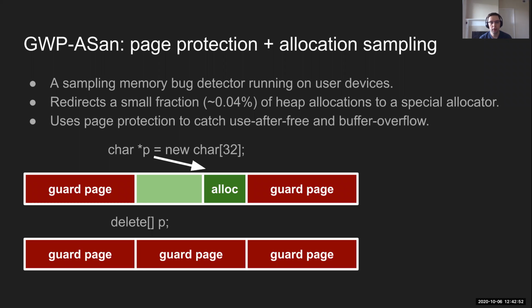A small percentage of allocations are routed to a special allocator that locates them near a guard page. Therefore, an attempt to overflow the allocation or overread it will hit a page that's mapped with no access permissions at all and cause a usual segmentation fault. When memory is deallocated, it is replaced with another guard page, and then an attempt to use a dangling pointer will again cause a crash.